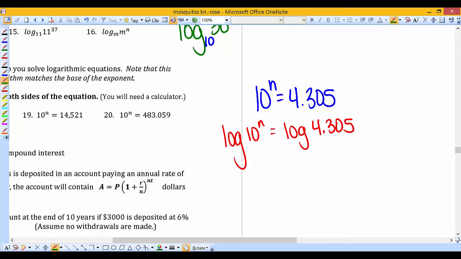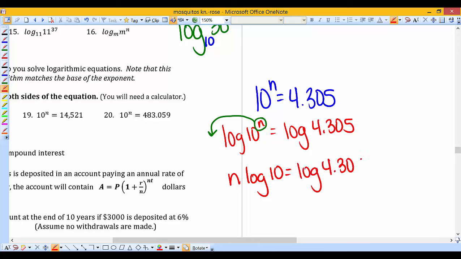So the first part is what we used in the top part of these questions in the set. The second part of the power property, which is on the bottom part of your foldable for the power property, is I can take my exponent, my power, and I can move it to the front. So now I have n times the log of 10 equals a log of 4.305.